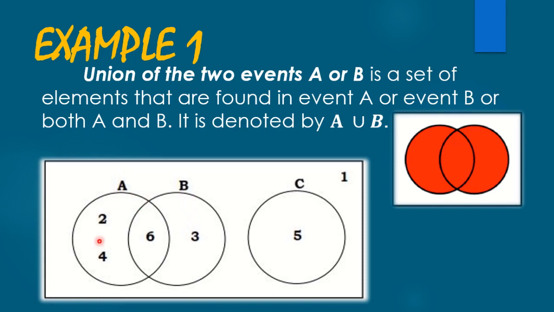We just combine all the elements, and that refers to the union of the two events. So from here, we can say that A union B is equal to 2, 3, 4, 6.